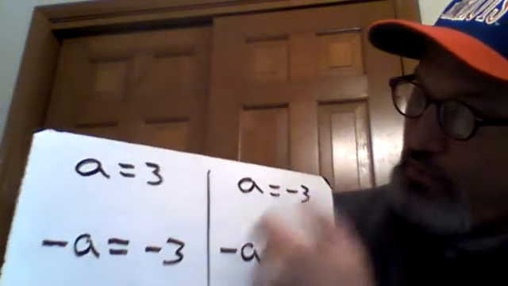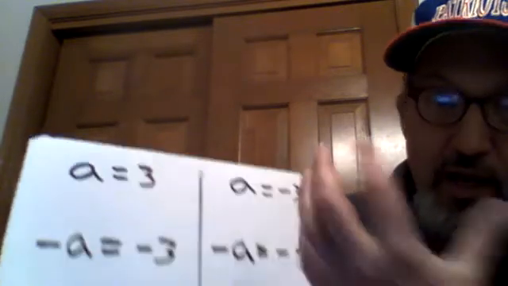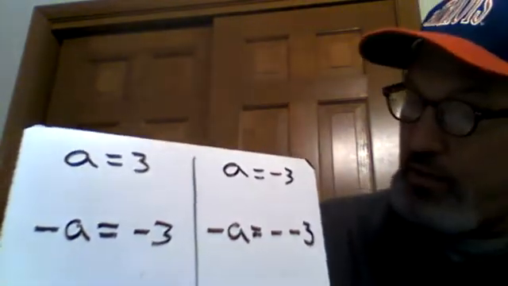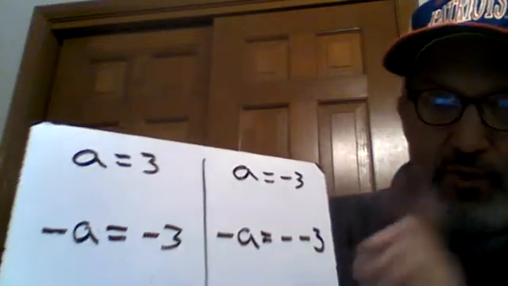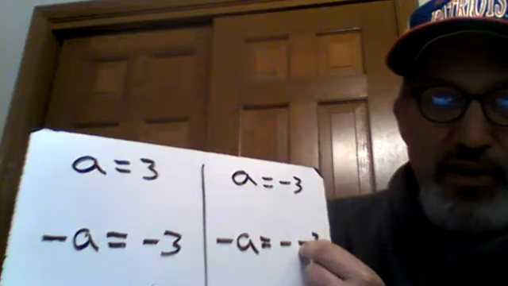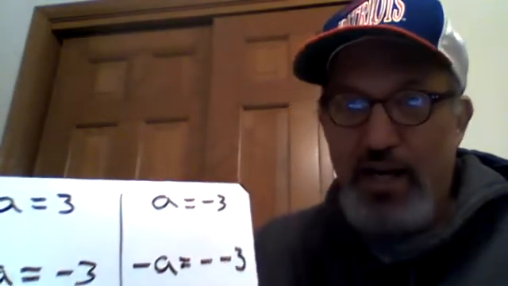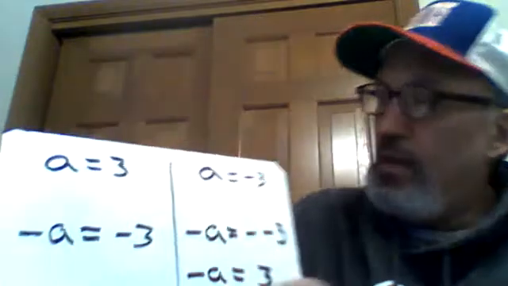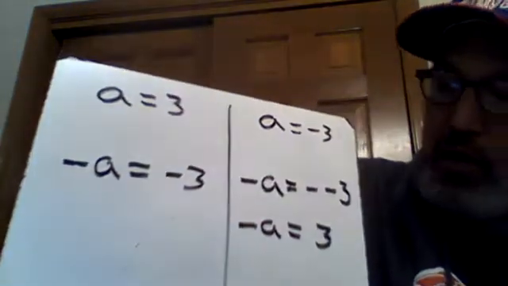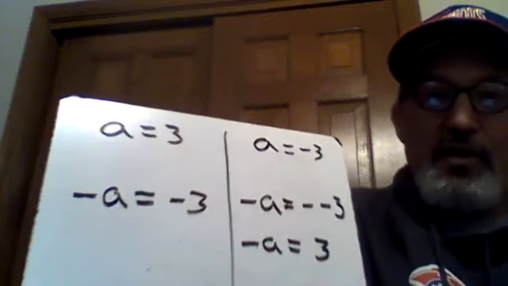If A is -3, the opposite of A is put a minus sign in front of the -3. What do you think that is? Well, let's read it this way. The opposite of -3. That's legitimate to read it that way. What is the opposite of -3? Well, it's 3. So the opposite of A is 3. If A is -3, the opposite of A is 3, because 3 is the opposite of -3.